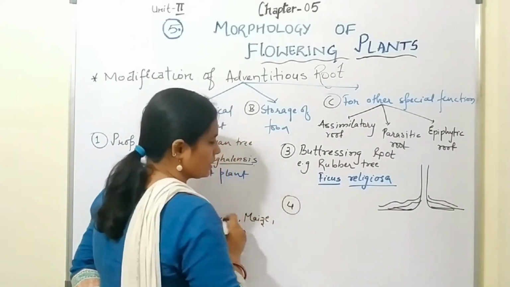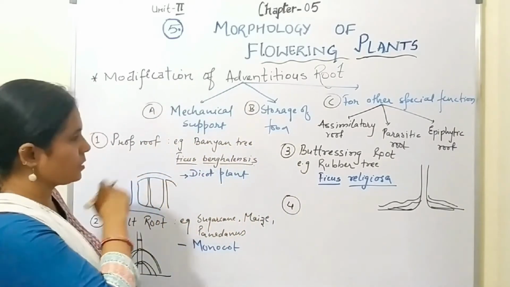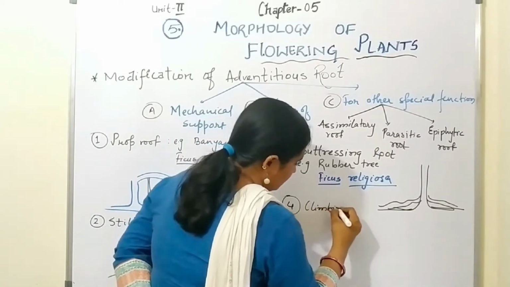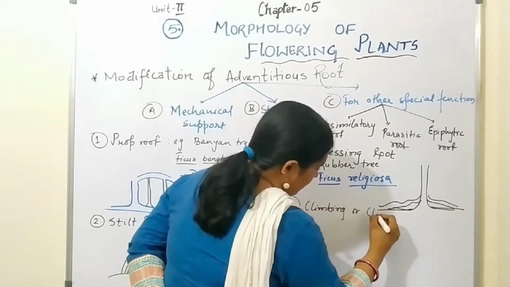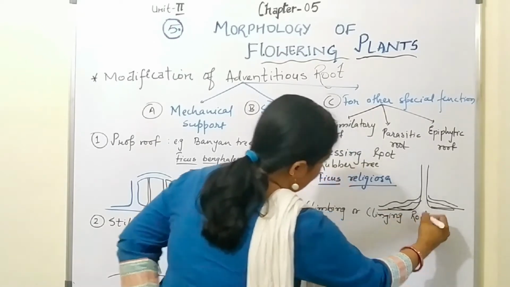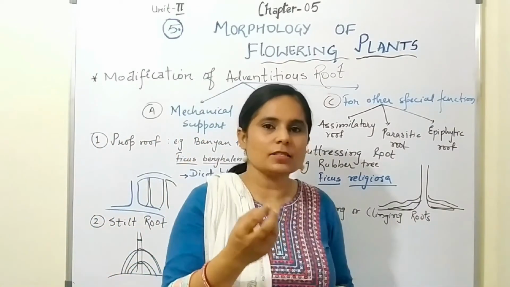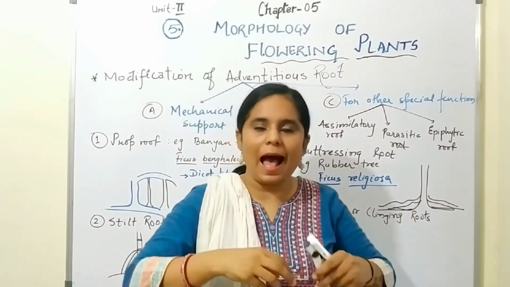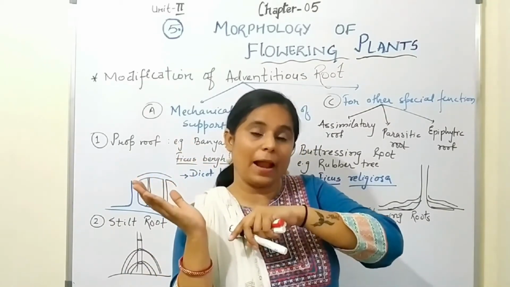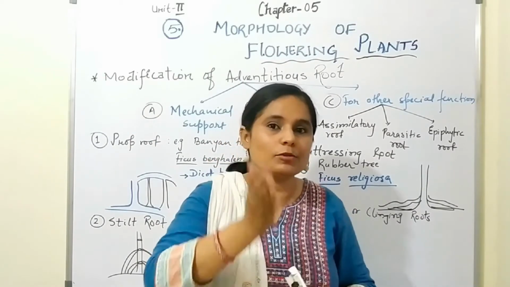Last one in this category, first I told you prop root, stilt root, buttressing, and climbing or clinging roots. Basically, these roots you will see in plants which have a weak stem, as the stem is not that strong to keep the plant completely upright. They cannot support the whole plant to stand upright.